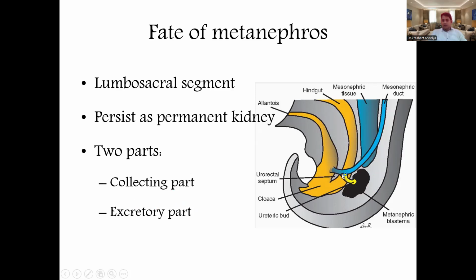In the collecting part, you will see the bud which has been coming out from the mesonephric duct, where the mesonephric kidney has formed. This gives a ureteric bud which grows towards the metanephric blastema.